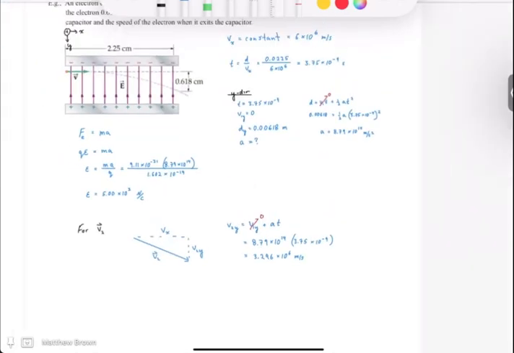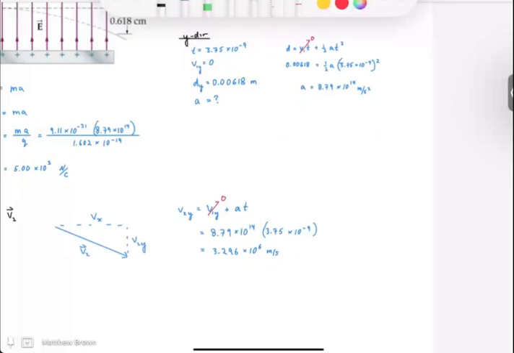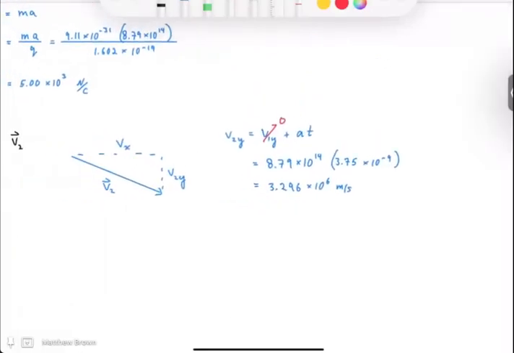And V1, did I draw that very well? V1x is constant. That's 6 times 10 to the 6. This is 3 times 10 to the 6, so it's basically half of it. So I might have angled this a little bit more, but that should be okay. And we've done this process lots of times.